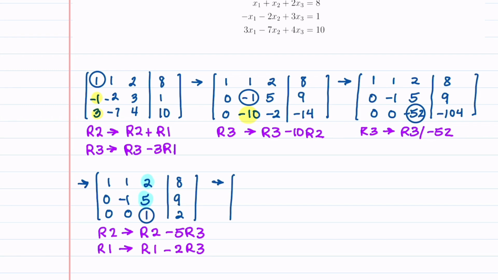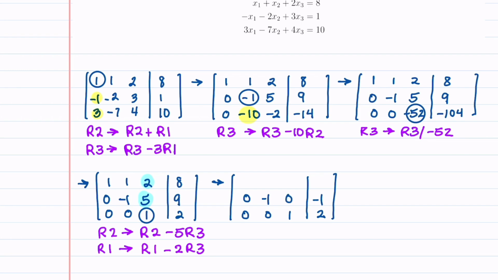When you do the backward phase of the algorithm, I know it seems awkward, but you want to write down the last row first, because we're holding the last row fixed and changing the rows above it. So our second row, we're going to get by multiplying row 3 by -5 and adding it to row 2.